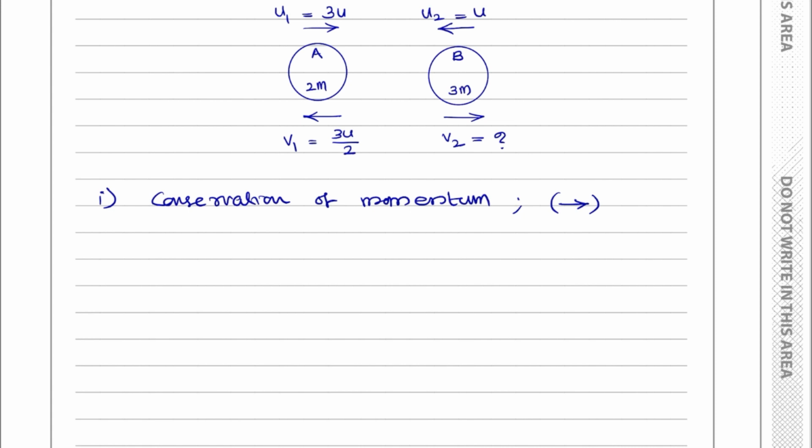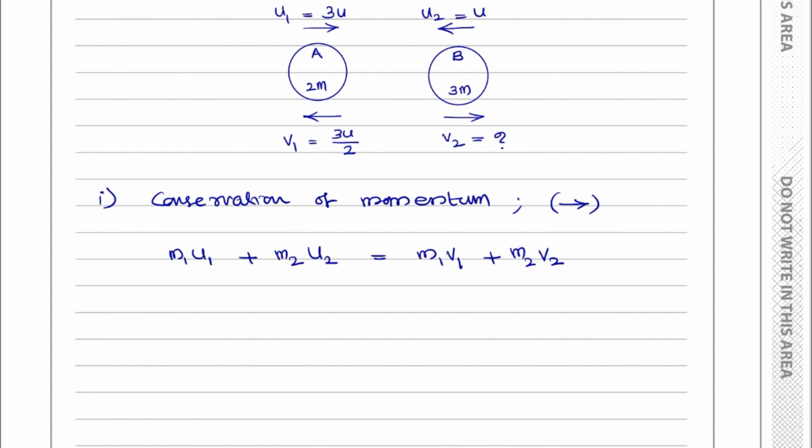We know that the conservation of momentum equation is m1u1 plus m2u2 is equal to m1v1 plus m2v2. That means the total momentum before the collision is equal to the total momentum after the collision.